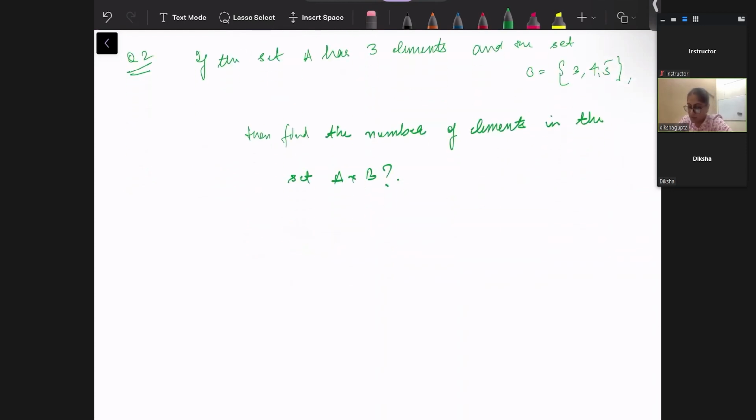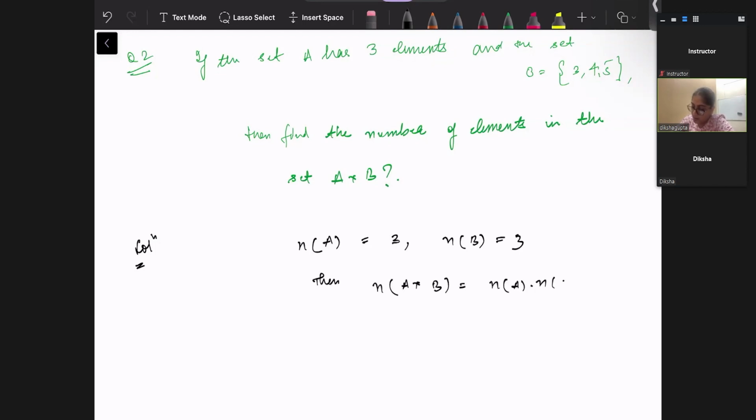Again, it is based on our second remark. We have n(A) is 3, n(B) is 3, then n(A cross B) is n(A) times n(B), which is 3 times 3, which is 9. So the number of elements will be 9.